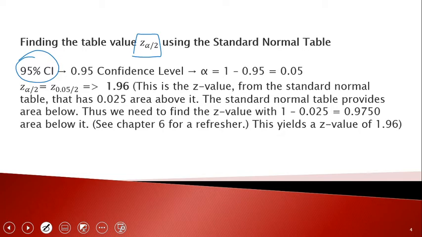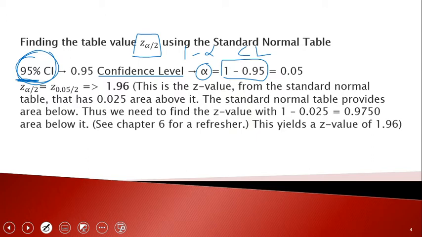In general they will give you a 95% confidence interval, so just focus on this value, 95%. You know the relationship between confidence level and alpha: confidence level means 1 minus alpha, which means alpha equals 1 minus confidence level.